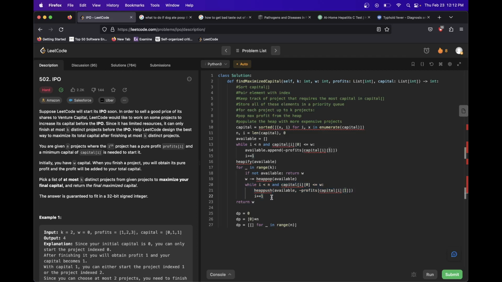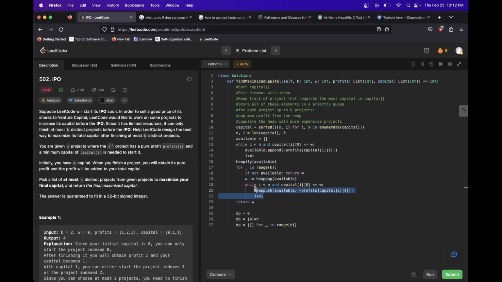That's one definition of a loop invariant. I think, more informally, a loop invariant is not only what Boolean logical value you're holding true at the beginning and end of every loop, but also what you're doing every loop. And realistically, what we're doing when we say w minus equals heap pop of available is doing a project. So for every iteration of this loop, we're doing a project and then adding everything that becomes available to projects that we can do.